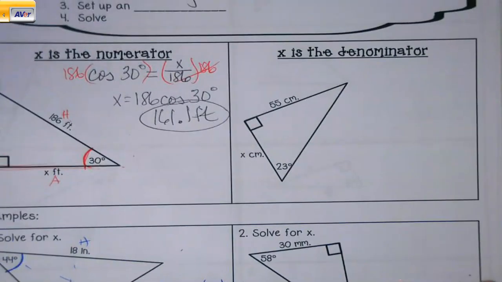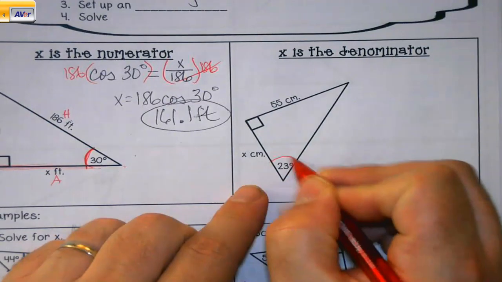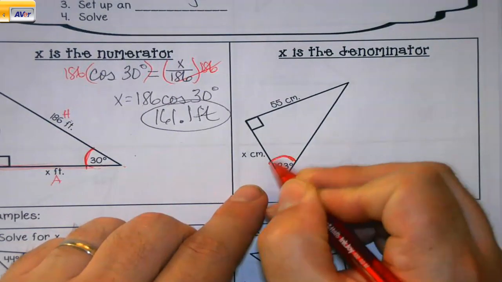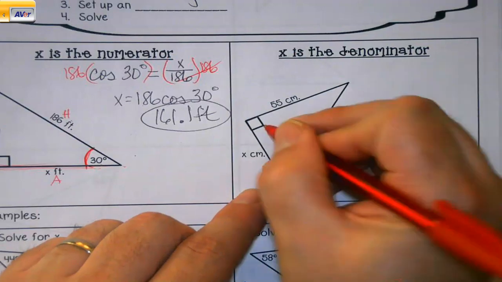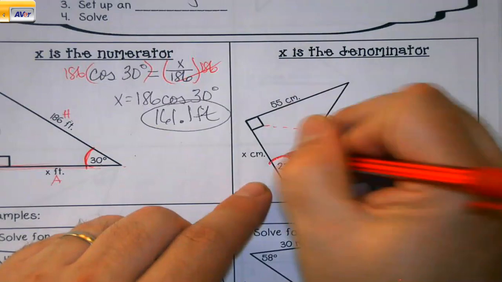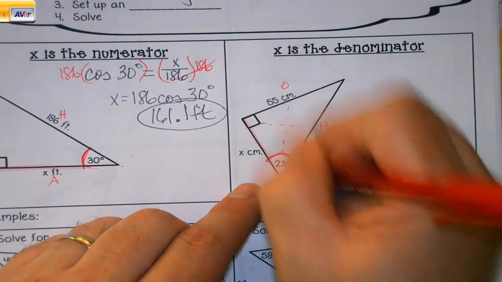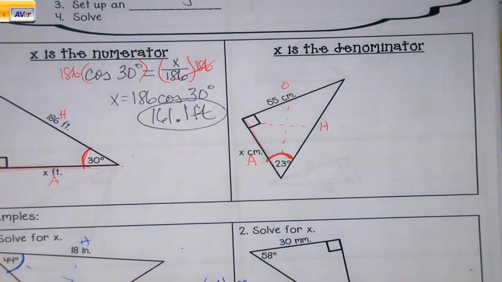Back down here for a moment. Again, mark your angle that's been given. Label your hypotenuse. Label your opposite. Adjacent's the only one I got left.